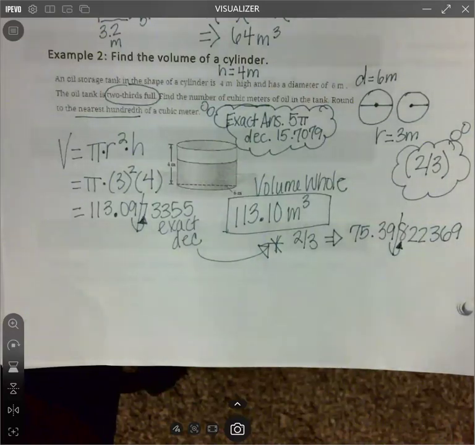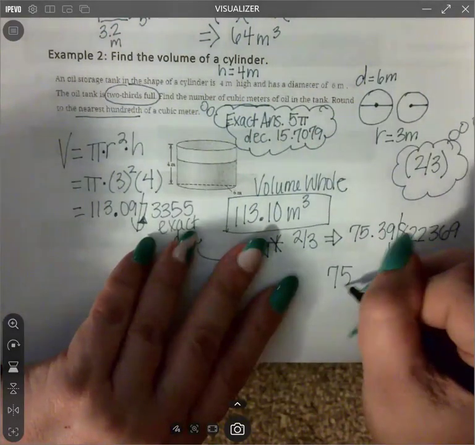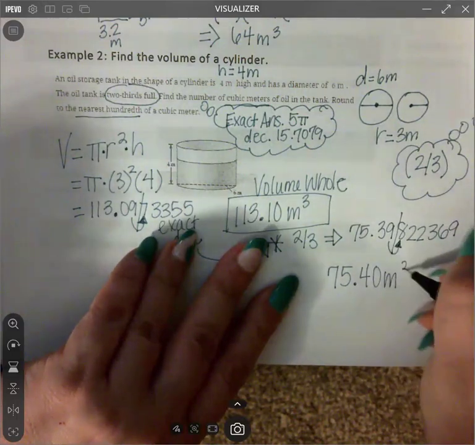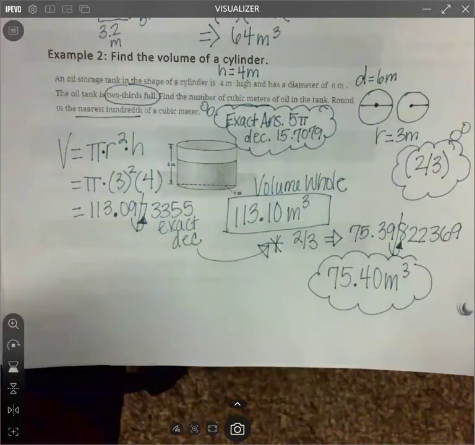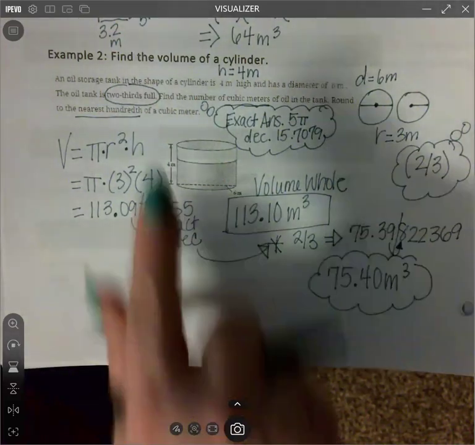It is going to be rounded up. So instead of 39, I'm going to have 75.40 meters cubed. Again, all volume is going to be units cubed. That is how full our silo is of oil.